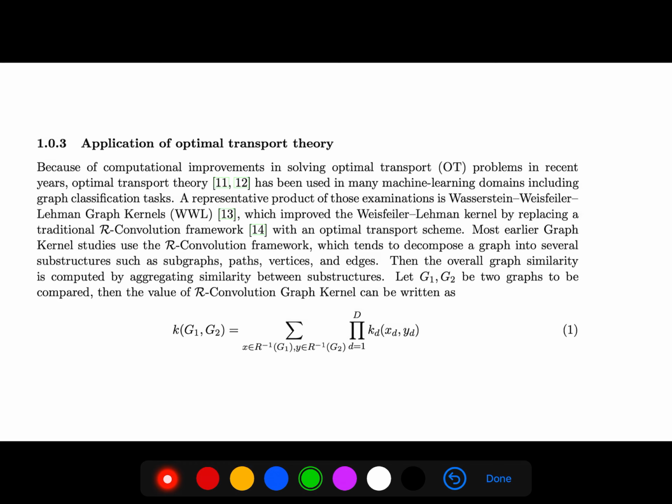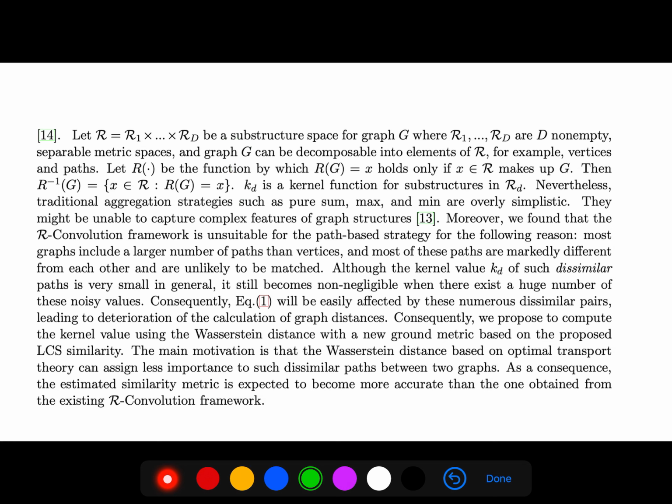So if G1 and G2 are two graphs to be compared, then the R-convolution can be written like this. This is the R-convolution between two graphs.